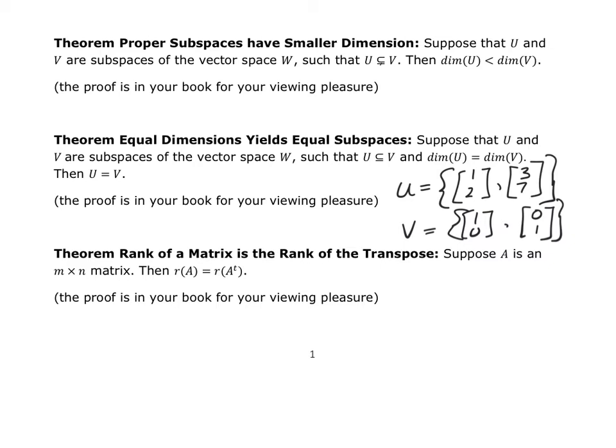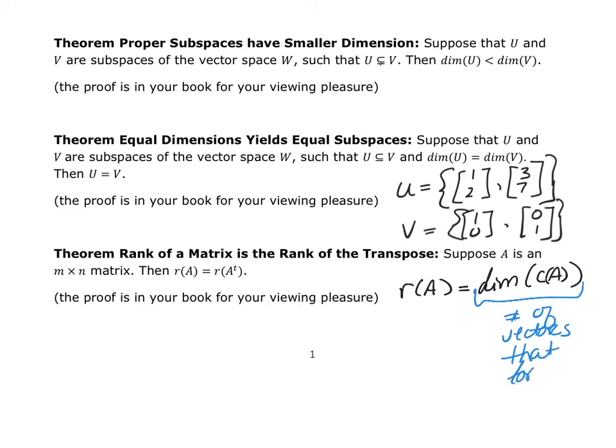And that kind of makes sense because if you remember how we defined the rank of A in our last video, this was the dimension of the column space of A. And of course the dimension means the number of vectors that form the basis. So that makes sense, right? That the rank of our matrix A must also be the rank of A transpose.